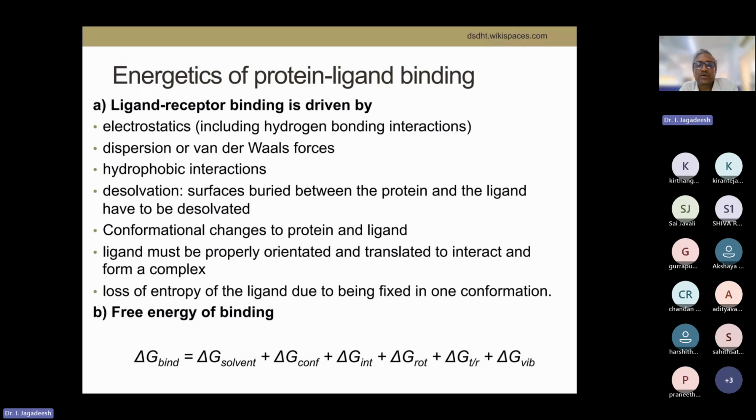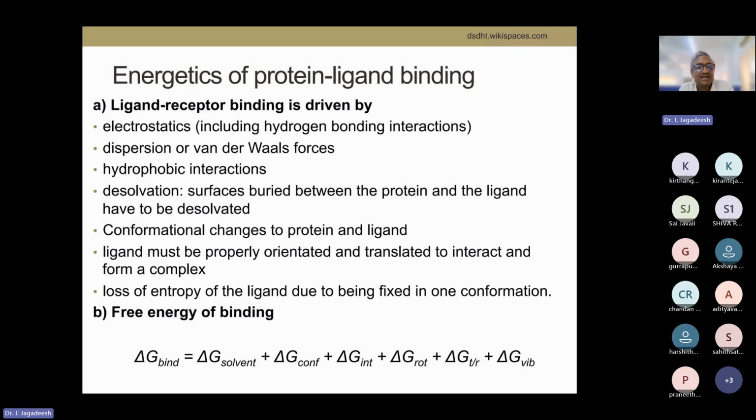Conformational changes occur in the protein and the ligand through multiple rotations. The ligand must be properly oriented and translated to interact and form a complex. So these are all the things, and we are going to see the loss of entropy of the ligand due to fixing in one conformation.